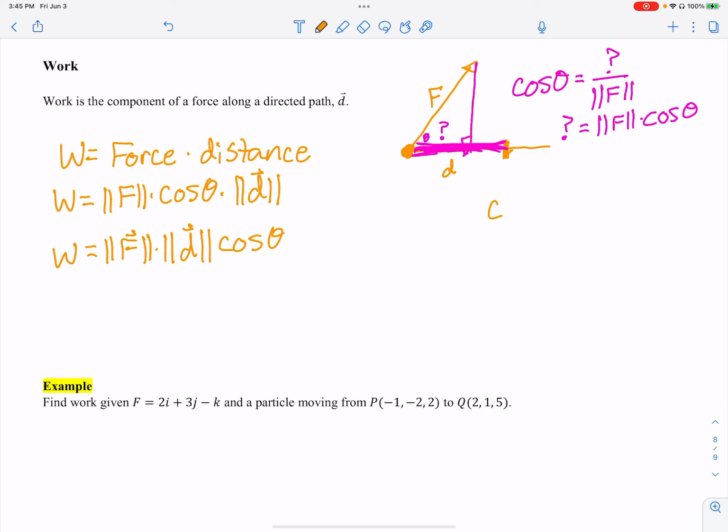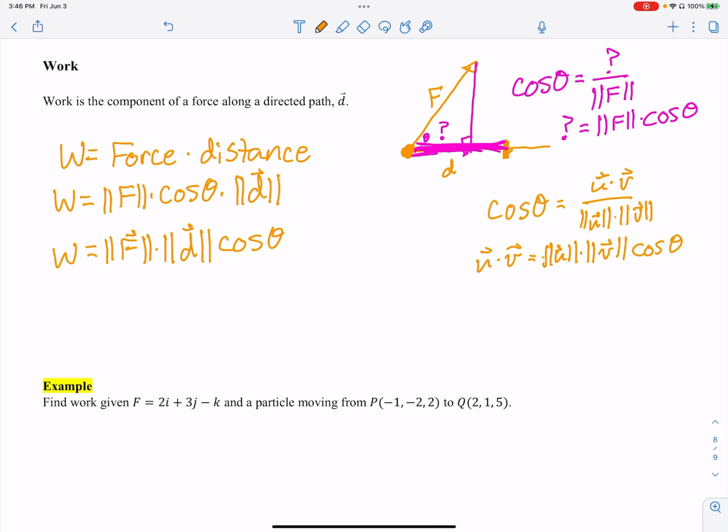Now, recall, we're going to use this definition a lot: cosine of theta is u dot v over the magnitude of u times the magnitude of v. If I multiply both sides by that denominator, u dot v is equal to the magnitude of u times the magnitude of v times cosine theta.